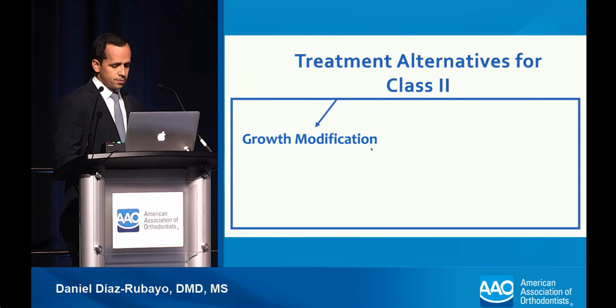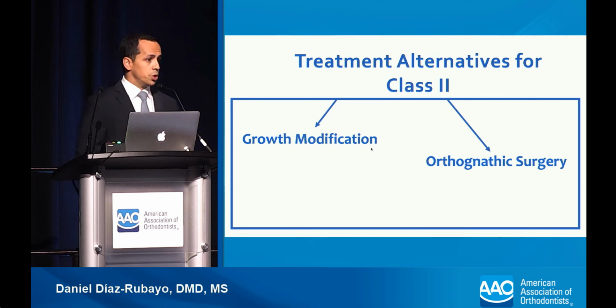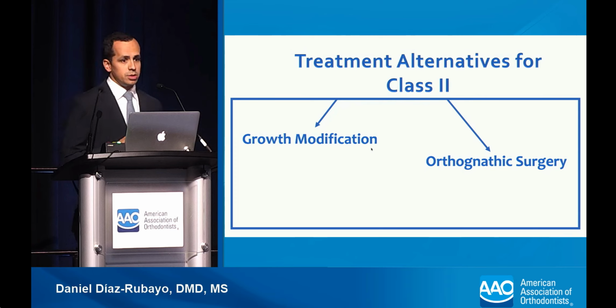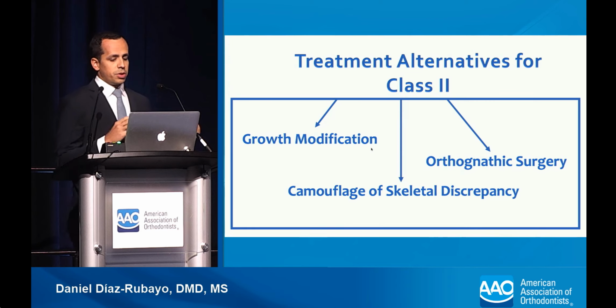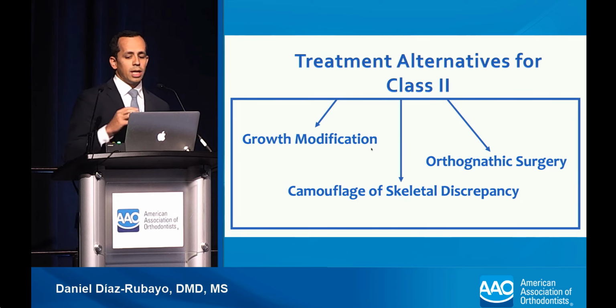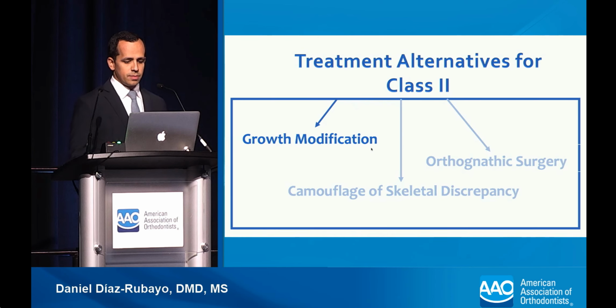When there's no growth, usually in adults, and you have a more significant skeletal discrepancy, you can offer an orthognathic surgery option of mandibular advancement. And where you have cases that you can actually do some camouflage and accept the skeletal discrepancy and get to a class 1 dental occlusion. You can do this with or without extractions.